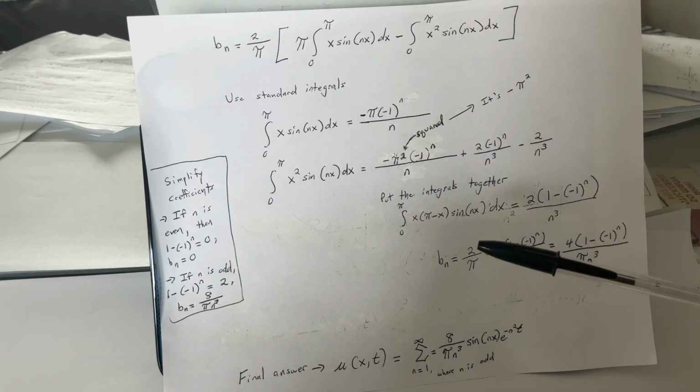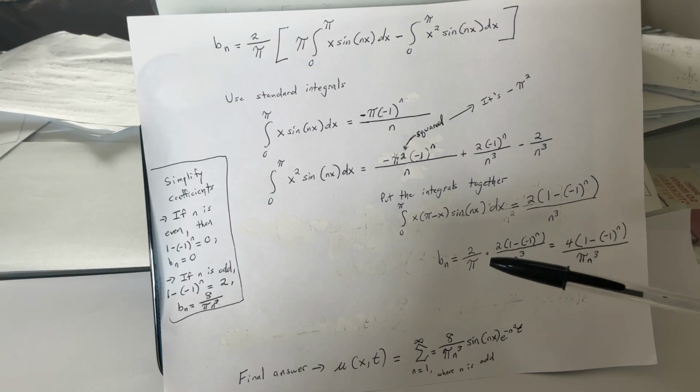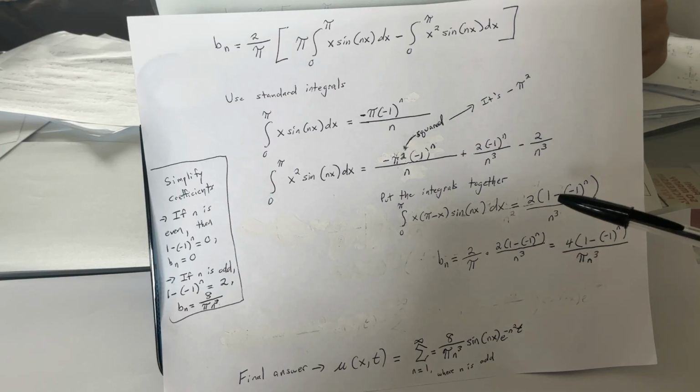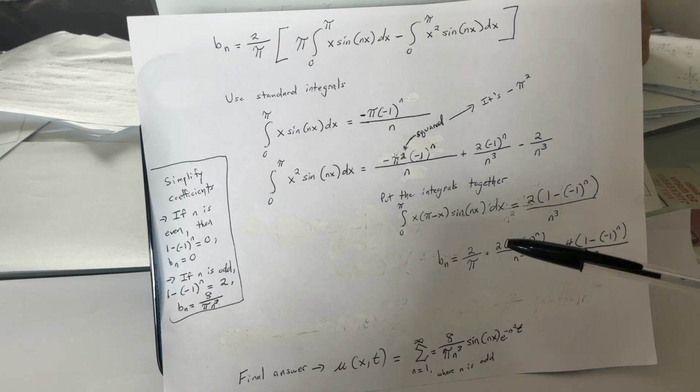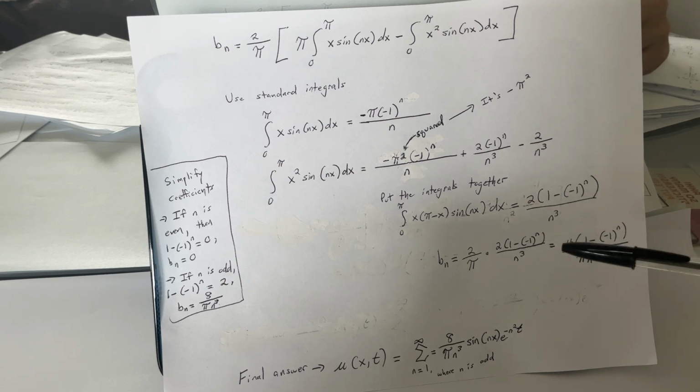Now b sub n equals 2 over pi times this piece. So it's just going to be 4 times the quantity 1 minus negative 1 to the n over pi n cubed, right?